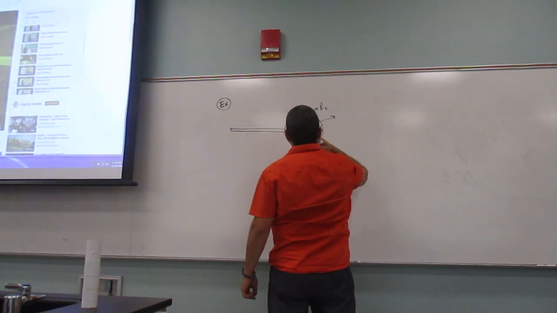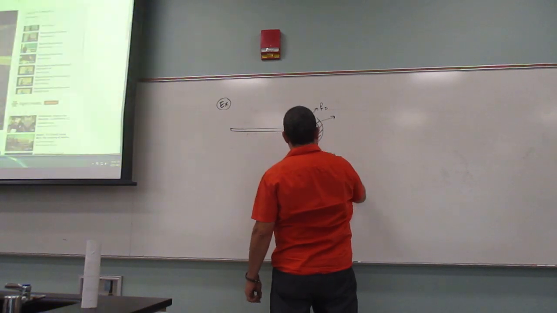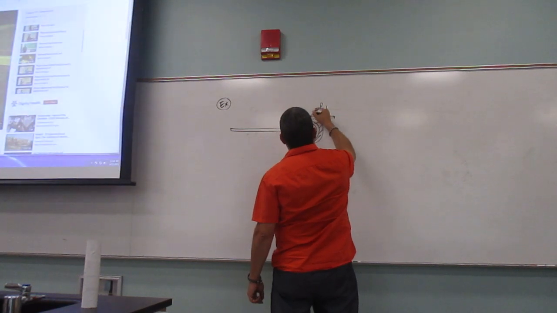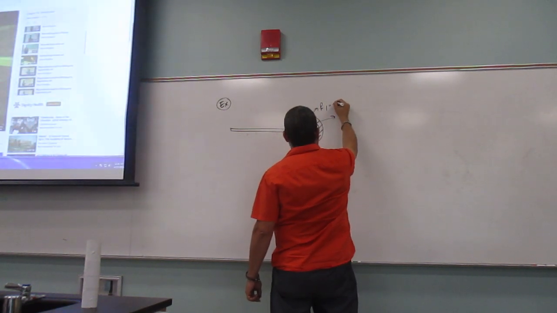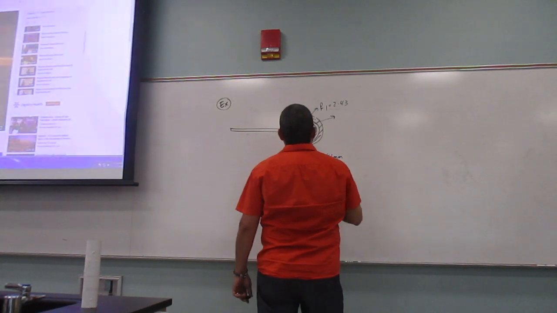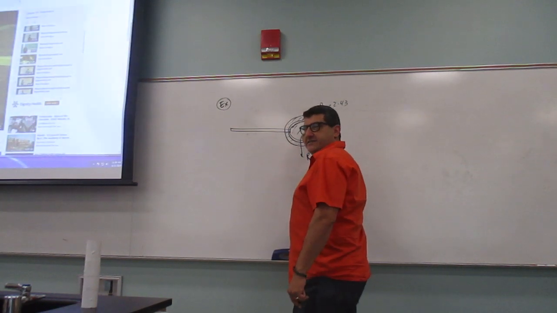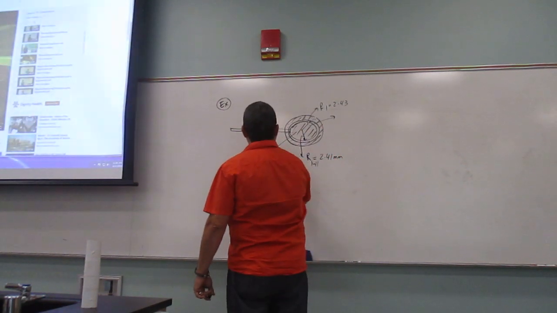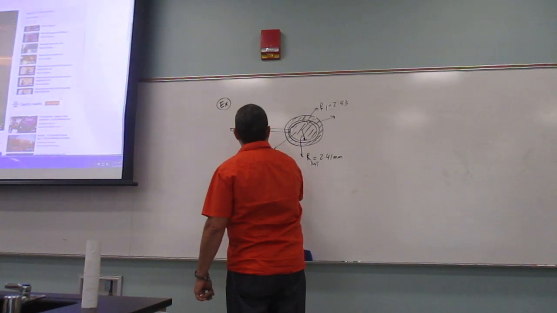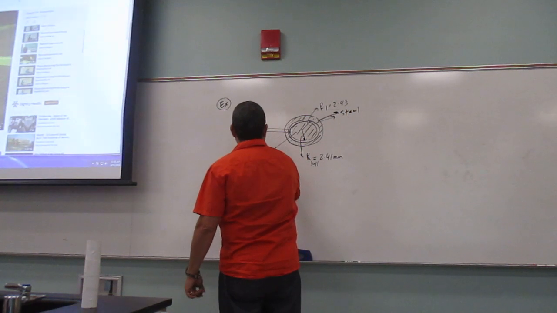R2, and this is the radius of the ball. So we'll call this R1 the radius of the inner radius of the outer one. Let's say it's 2.43. And let's make the inside one a material that has a bigger alpha, right? So that would be, let's say, let's make this outer one steel, and let's make this aluminum.